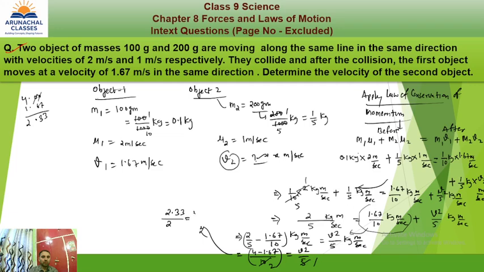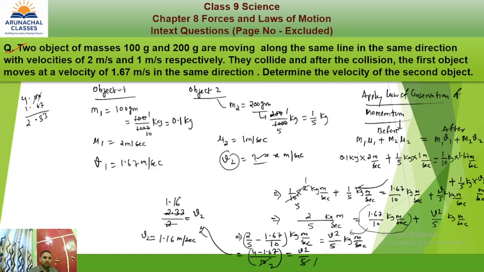That is the value of v2. If I divide 2.33 by 2, it is 1.16 meter per second.